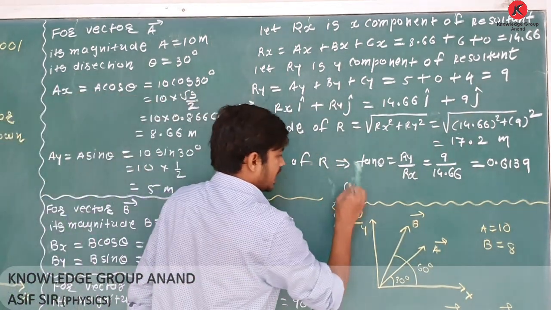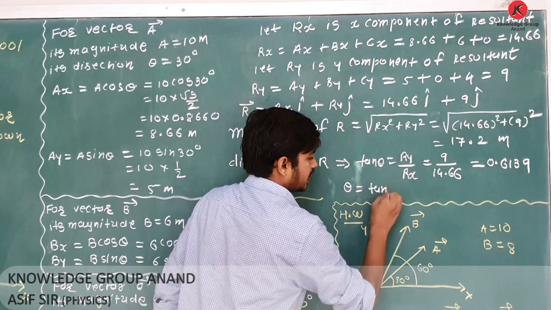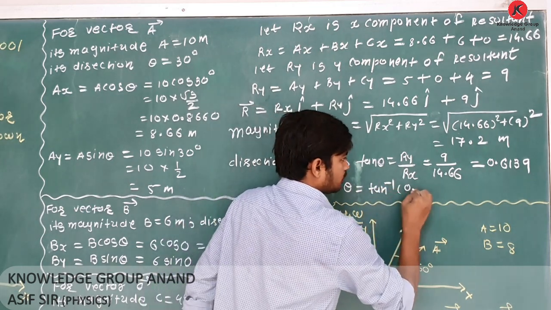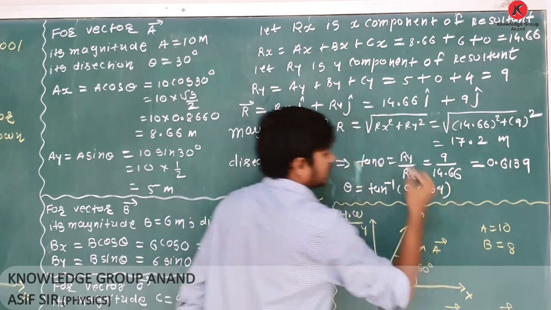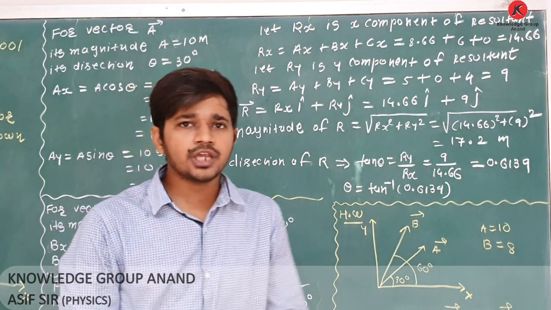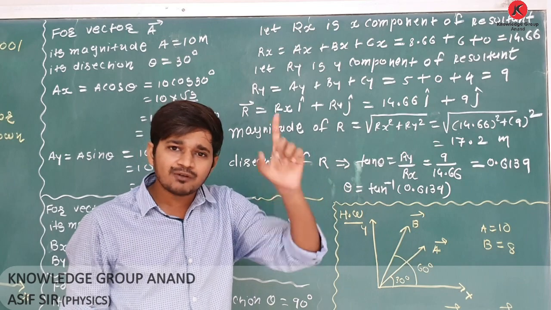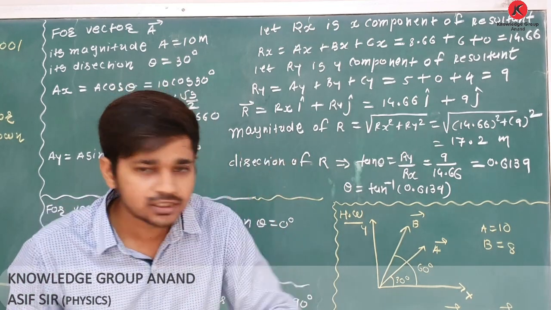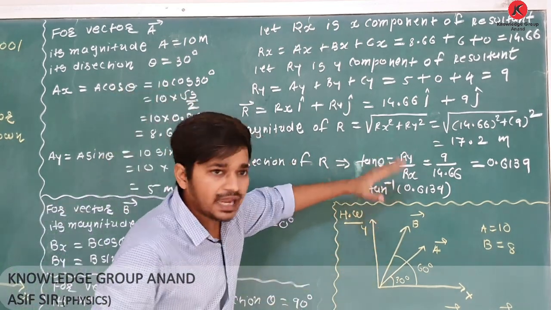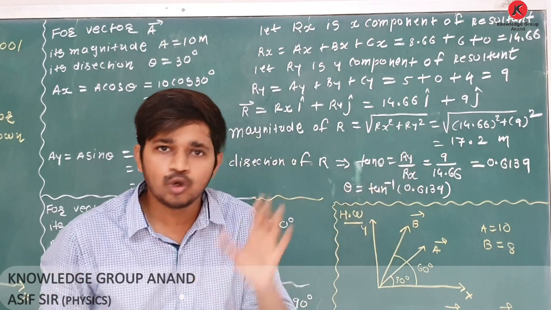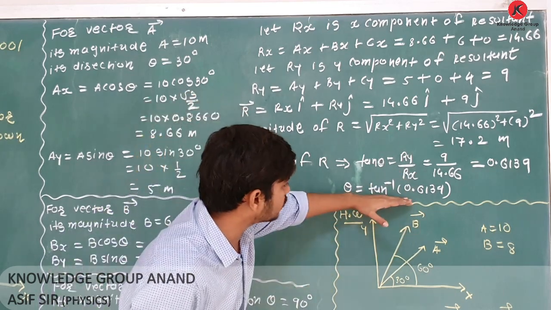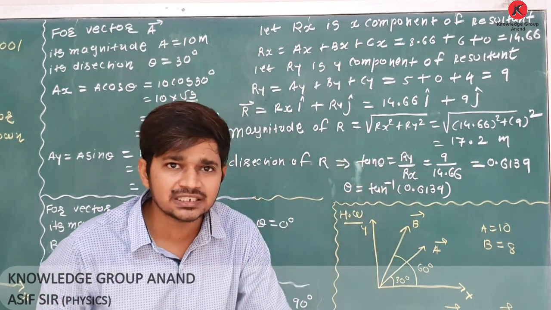Then its direction theta is equal to tan inverse 0.6139. Now don't worry, you have to find the angle from a table. We will take one lecture to find the angle from this given value. But you can write this answer, up to this it is right.